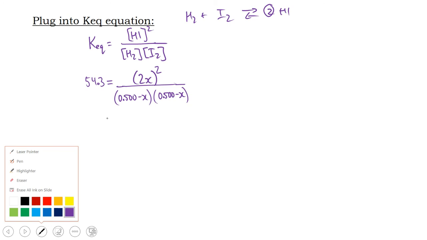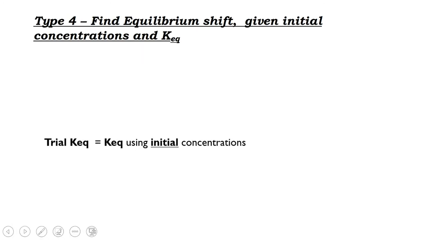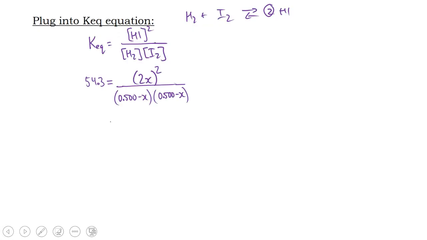So what I would suggest is on the right-hand side, simplify this or rewrite it, because the fact that those are the same allows me to write it as 0.500 minus X squared. Keep this on the left.